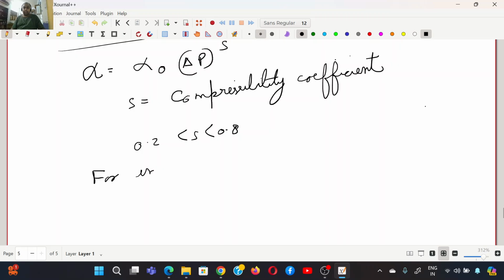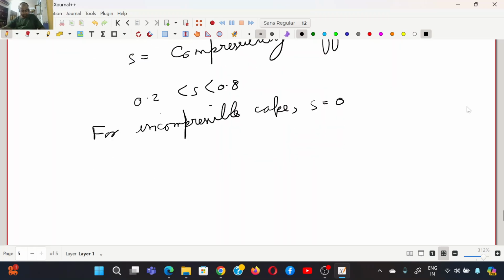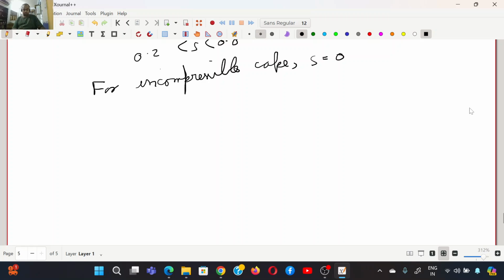For incompressible cake, s is equal to 0. Okay, so I'll give you a question.